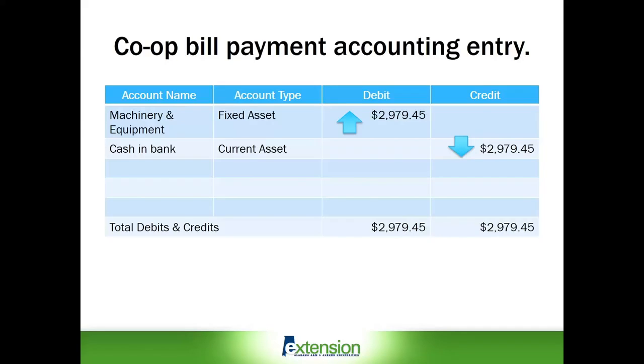In other words, farm current assets decreased with this credit entry as it is shown right there. And lastly, like all accounting entries, debit and credit entries must be in balance. In this example, total debits and credits are $2,979.45 for both debits and credits.